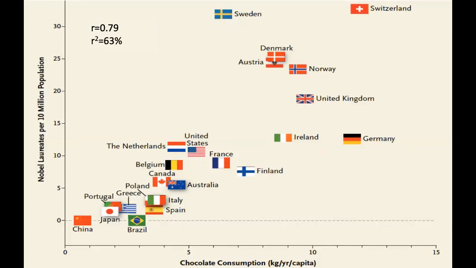On the vertical scale, we have the number of Nobel Prizes won per 10 million of population. Obviously, big countries win more Nobel Prizes than small countries, so we need to put it on an even scale. And we see that the R is really impressively high. It's 0.79, which would be an R squared of 63%. Have a look at the graph, and it looks like something really serious is going on.